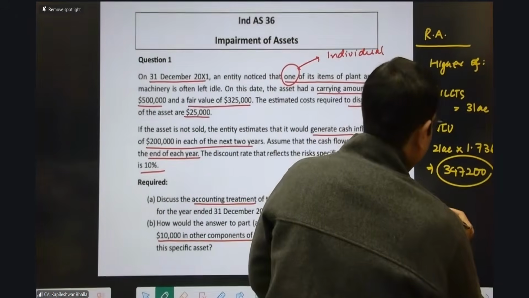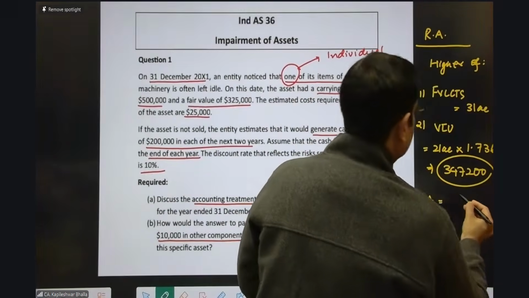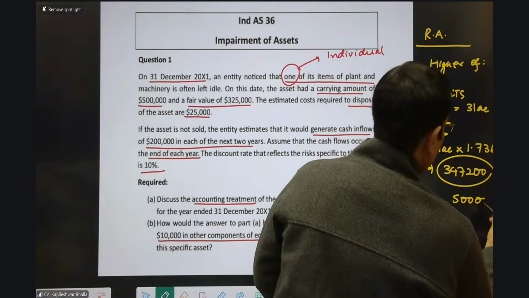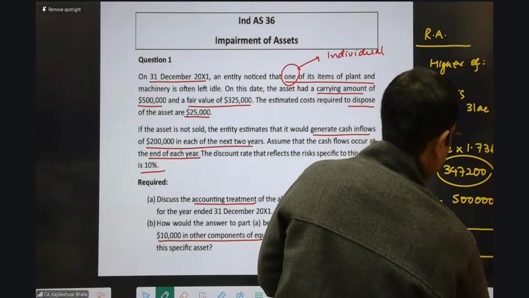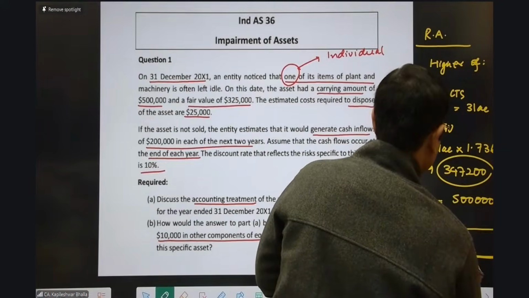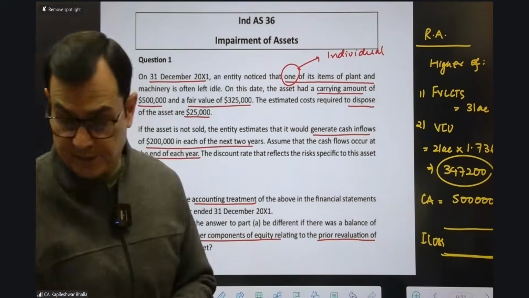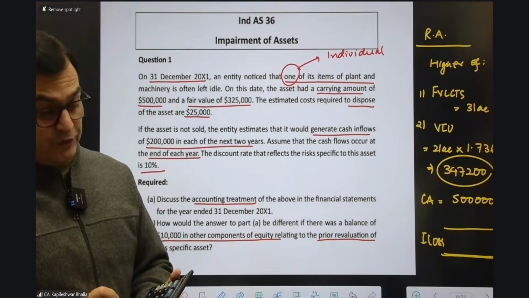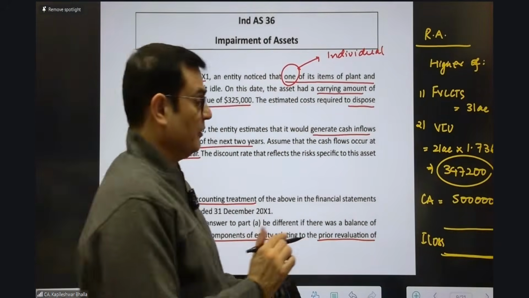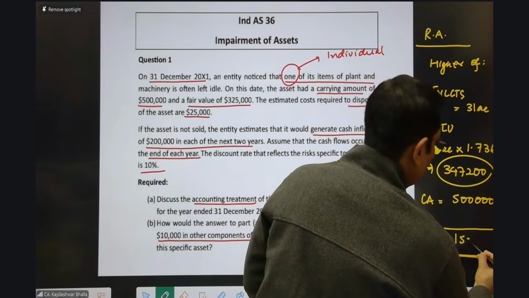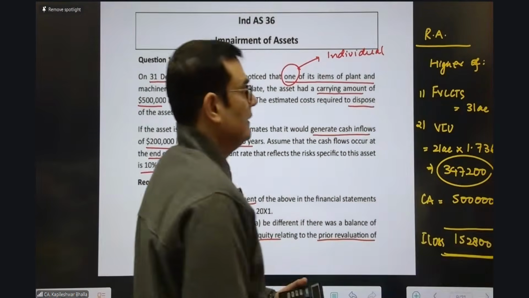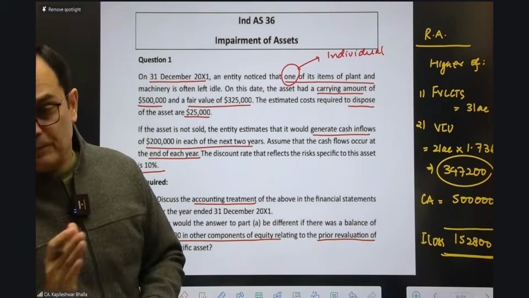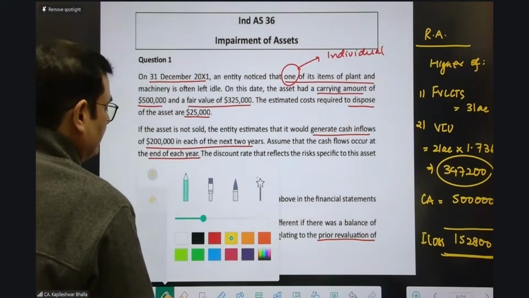And if you look at the carrying amount of the asset, it is 5 lakh. So we're going to get the impairment loss. Let's see what is the impairment loss. I guess that's right: 500,000 less 347,200, so the impairment loss is 152,800.